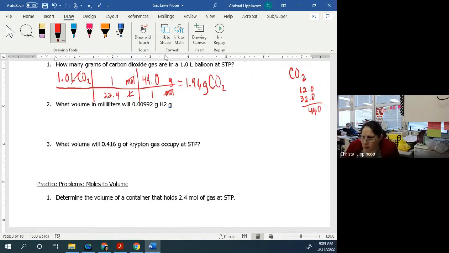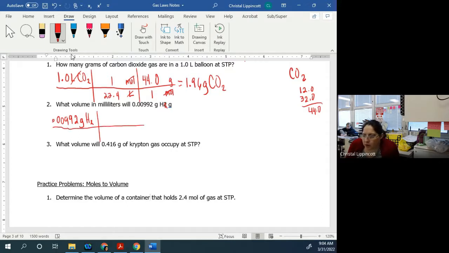Here, this should be H2 with a lowercase 2, sorry. We have 0.00992, that's an ugly number, 2 grams of H2.